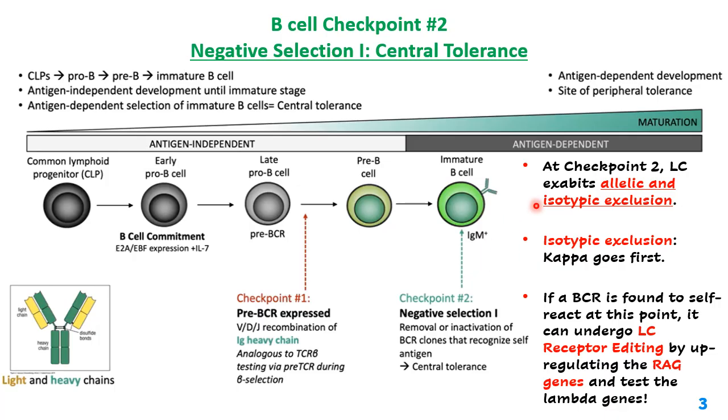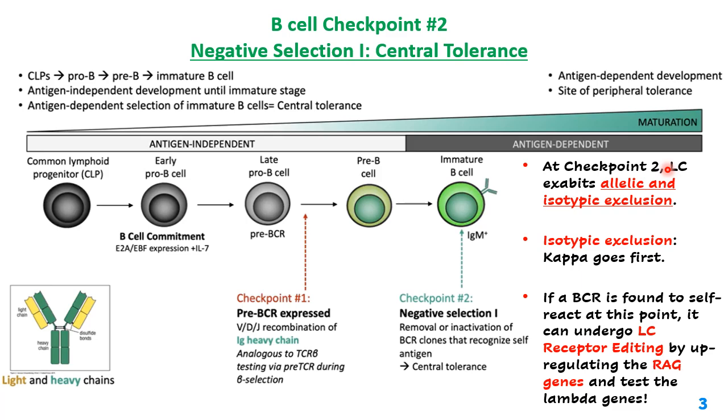First thing that's going to happen is that when you make your light chain, you are going to also undergo that business of allelic exclusion, right? That means if you make a rearrangement with your genes that you inherited from dad, and that rearrangement is successful, now you stop every kind of rearrangement of the gene from mom.